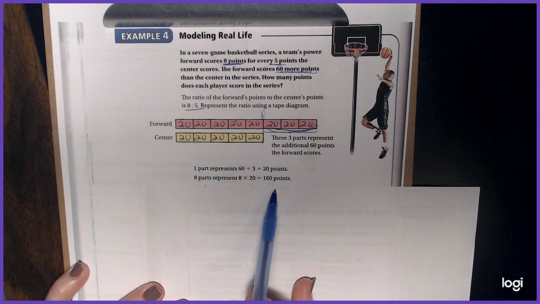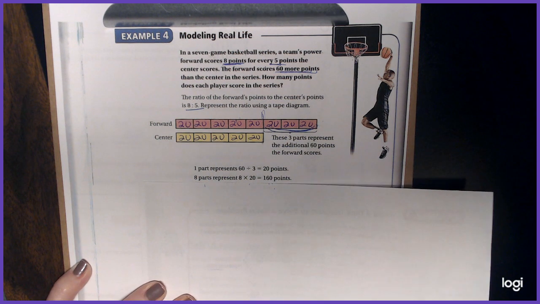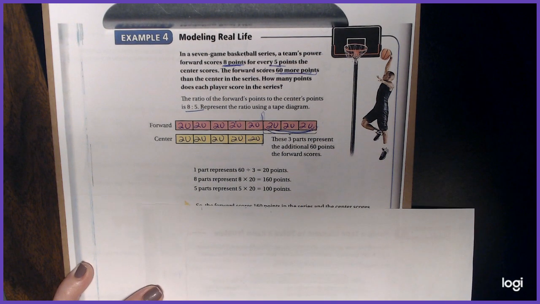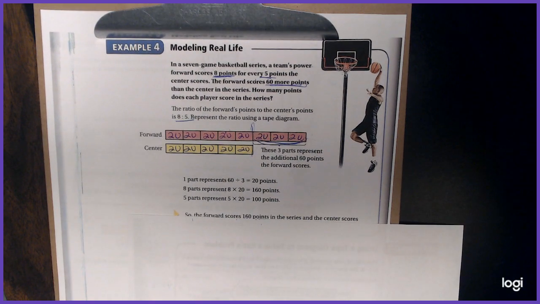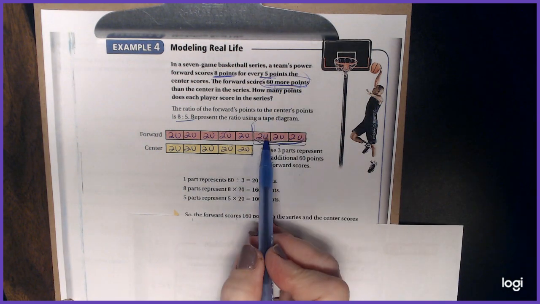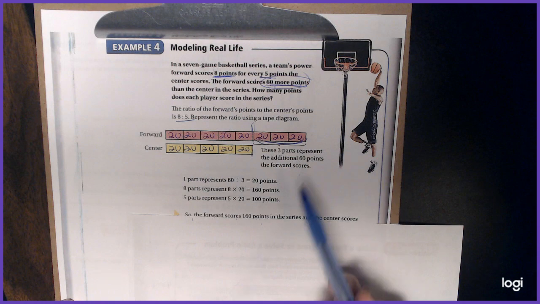My forward scored 160 points. My center had 5 boxes. So 5 times 20 is 100 points. Okay, so you can find answers to different kinds of problems, but you have to be careful to see if I'm being told that I have 60 more or 60 total.